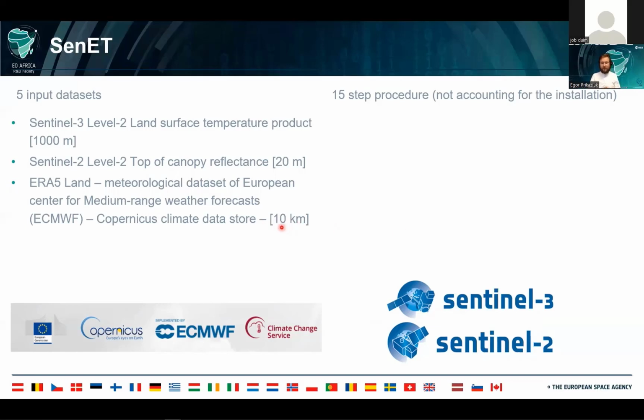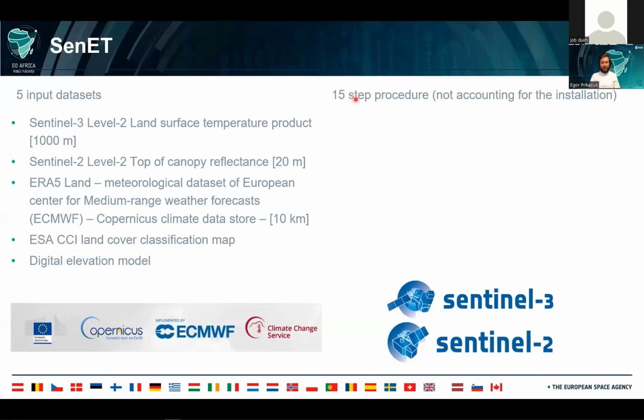It's 10 kilometers, but for now, if you don't have a weather station, it cannot be more precise. And the land cover classification map and digital elevation model. Those two are normally obtained by SNAP, but they're still needed for processing.